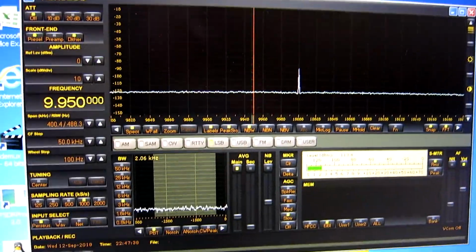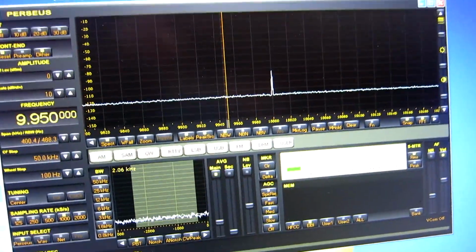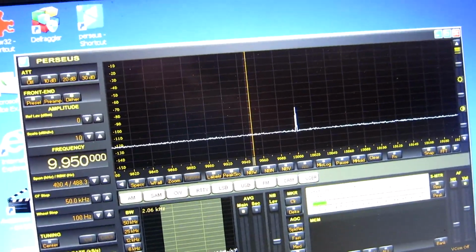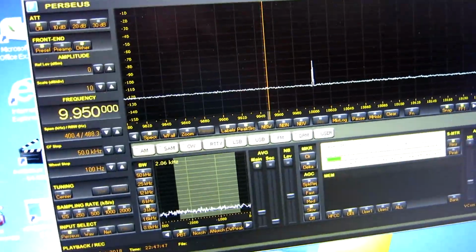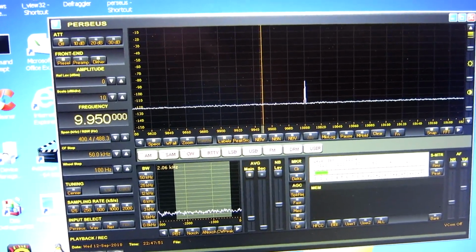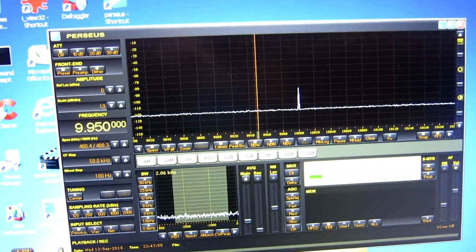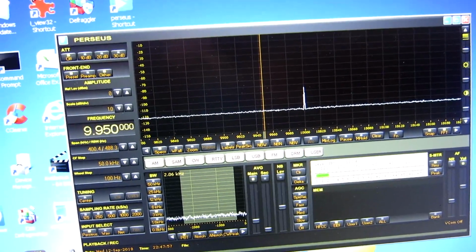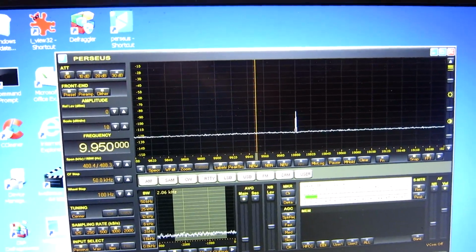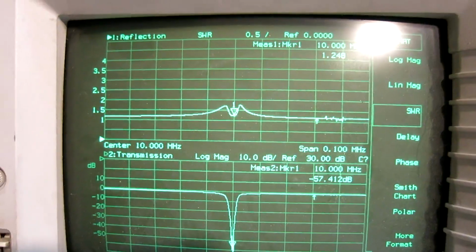That means that the sideband noise level at 50 kilohertz is minus 190 dBc per hertz. And the reason for it, I don't know, but this is the limit given by the notch filter. So first I have to make a better notch filter.